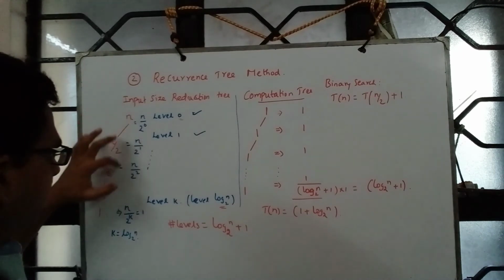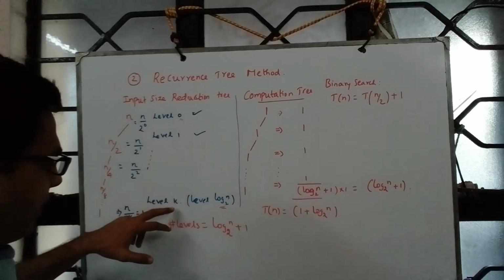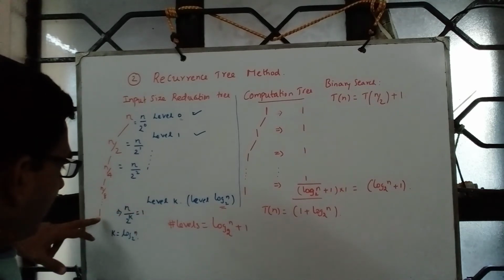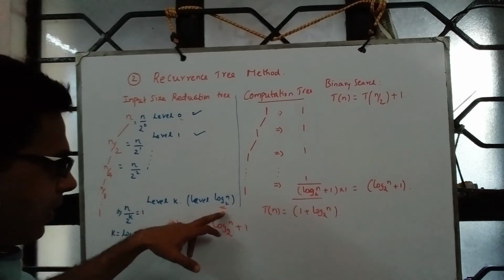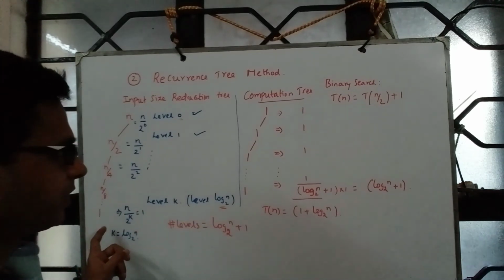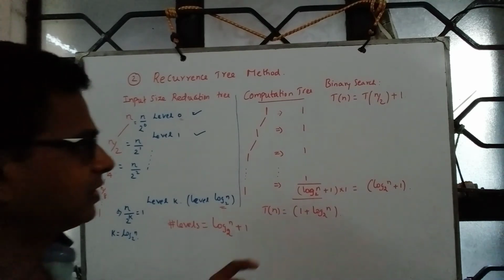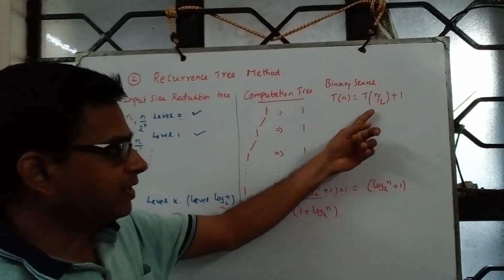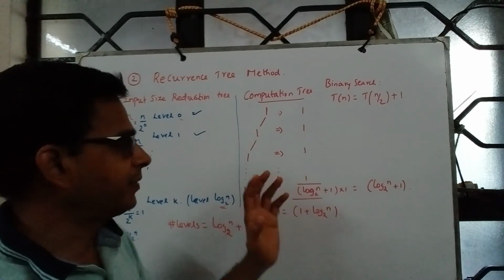And as you can see, there are level 0, level 1, so on up to level k. At level log n base 2, problem size becomes 1. And at each stage we simply spend one comparison, compare with the middle element and decide to choose the left partition or the right partition.